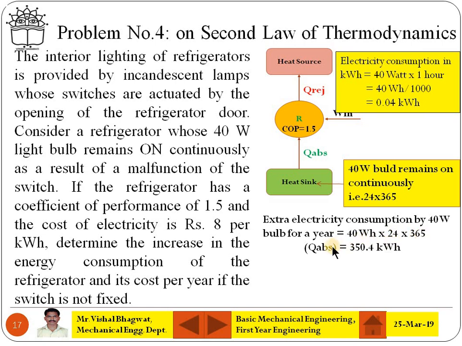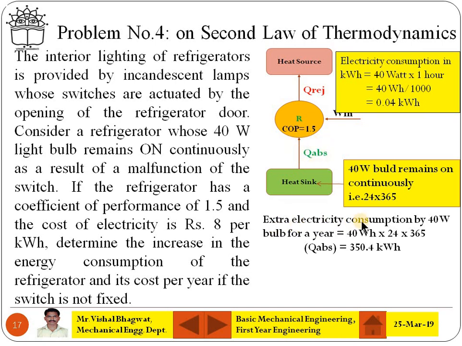So here you get Q absorption, that is the amount of heat added because the 40 watt bulb remains on continuously in this space. The refrigerator anyway has to remove that heat, so it is nothing but Q absorption.